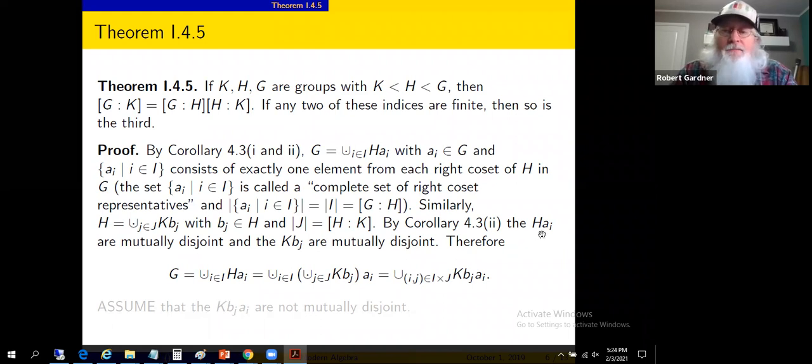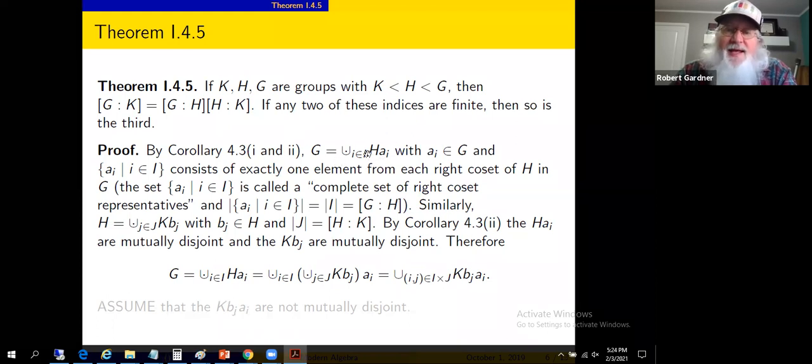We know the right cosets, as we've chosen them, are mutually disjoint. We know the right cosets of K are also mutually disjoint. Same reason, Corollary 4.3, part 2 told us about the disjointness of those things. So we can write G, as we did, as a disjoint union of the H sub i's, as we did in the first line of the proof.